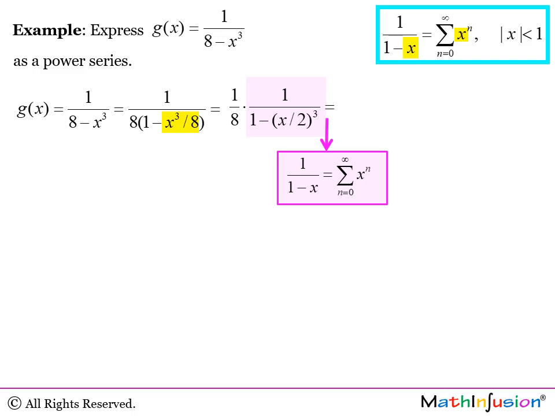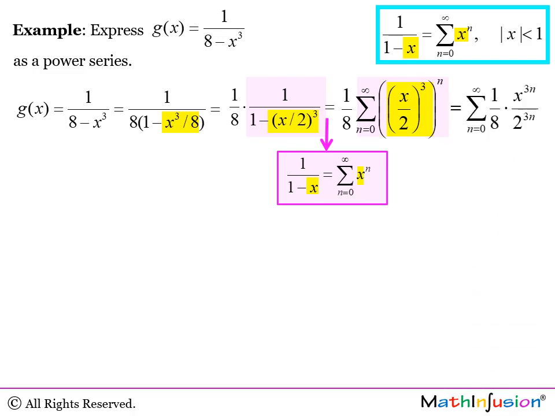So let's find the substitution here. Okay, you can see that x is replaced by x cubed over 8, which is x over 2 cubed. So we get 1 over 8 times the sum of x over 2 cubed to the power of n. I'm just replacing x by x over 2 cubed.